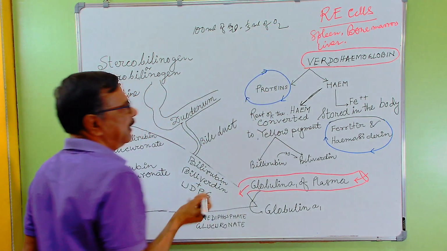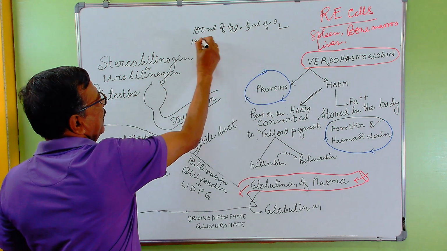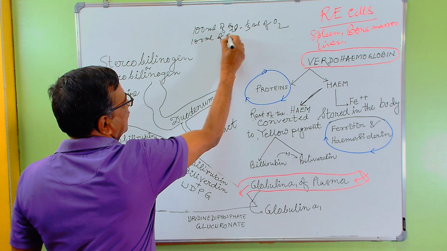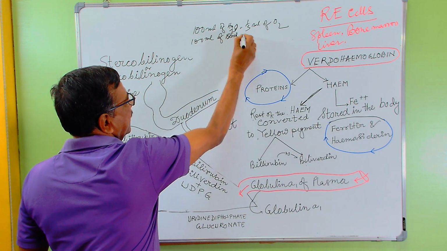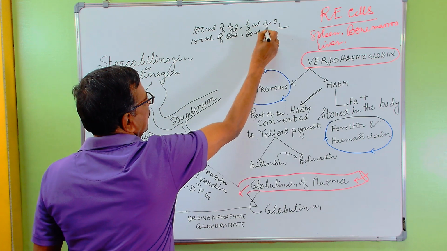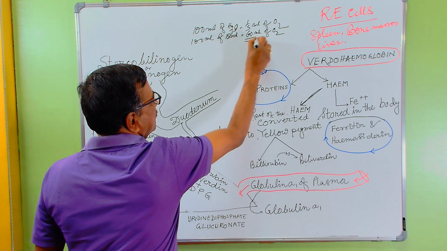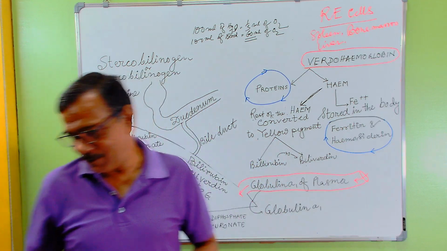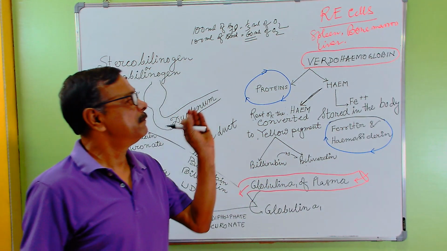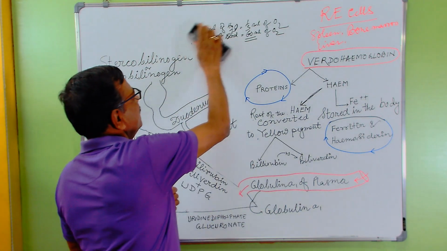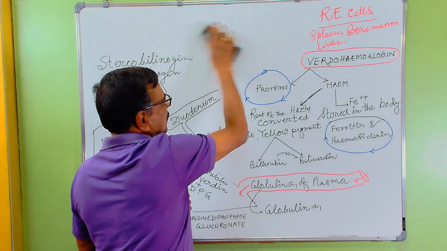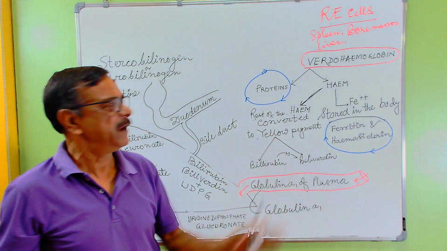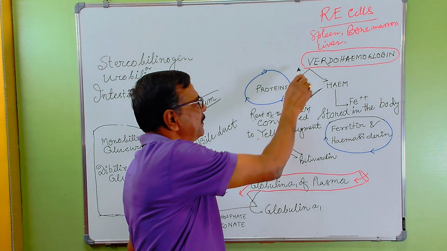At the same time, 100 ml of blood can carry 60 ml of O2. This 60 ml is carried over by hemoglobin. They are doing the best function, and finally we are crushing them to form viral hemoglobin in the spleen. Let it be in the spleen. So in the spleen, now it is easy.